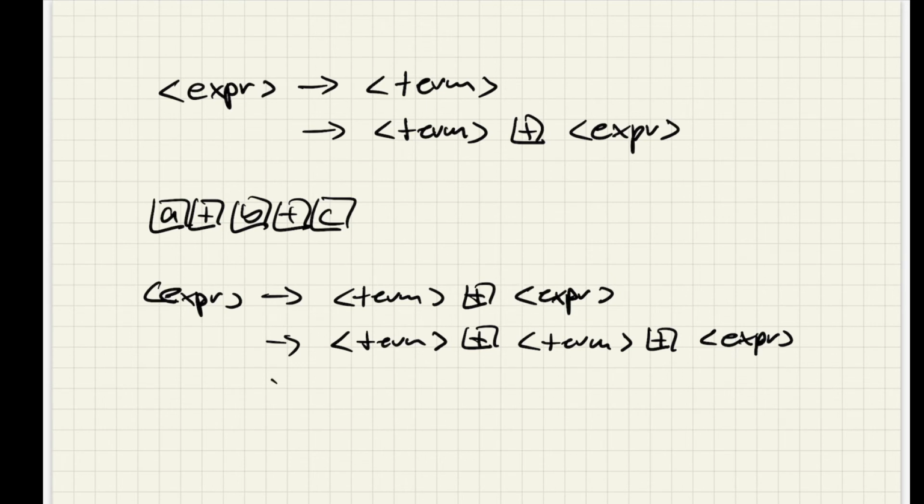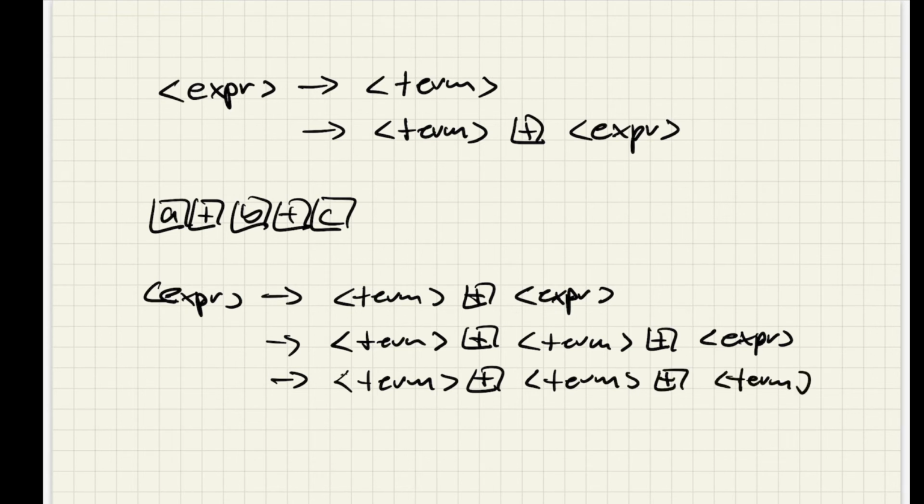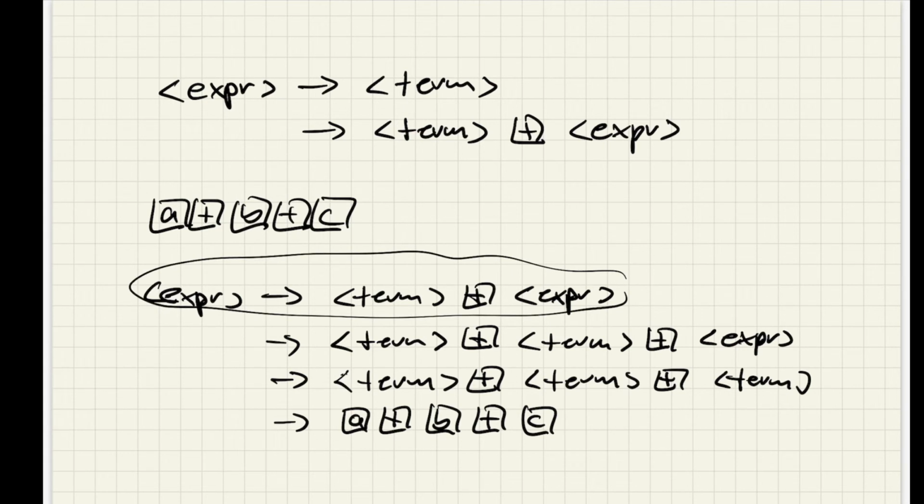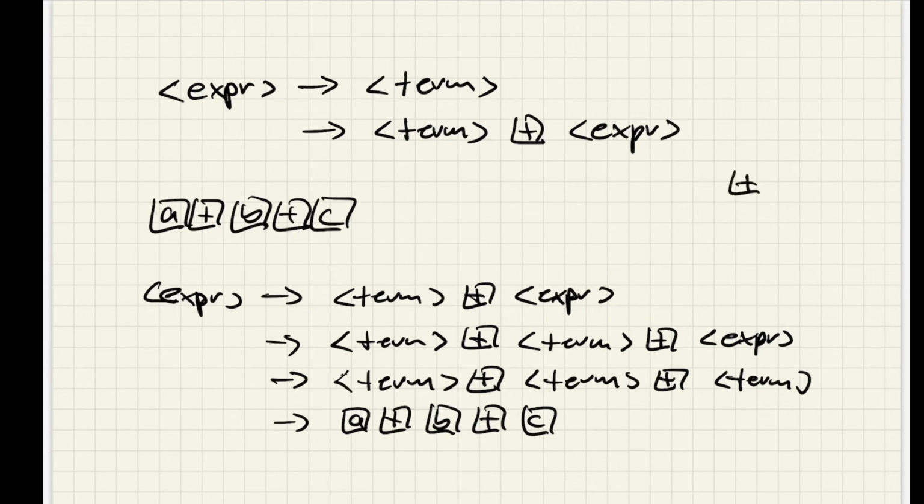And then in one further step, this last expression just gets expanded into a term again. And from that you can produce here an A, the next term becomes the B, and so on. Now, you see, from this we also get an initial node in the tree with a plus as root node.